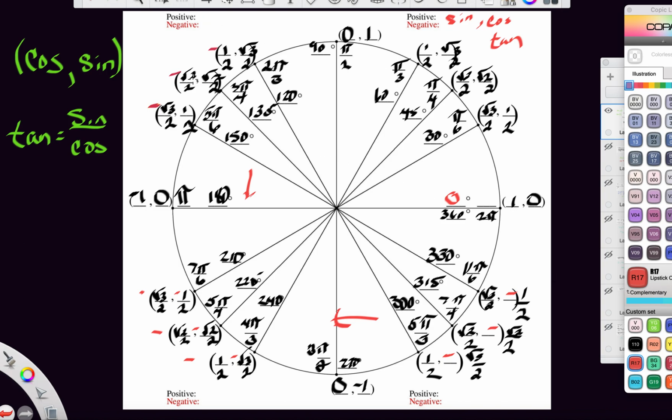Well, the y-coordinate is positive, so the sine is positive. And the cosine and the tangent, therefore, are negative.